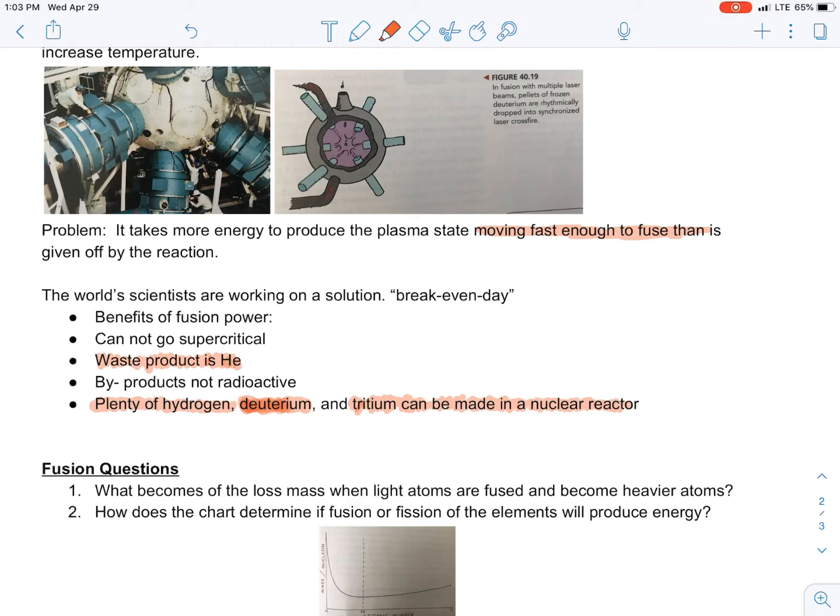And it would be unlimited energy, a fuel that is easy to get and plentiful, and there is no chance that a fusion reaction in this way would go supercritical and accidentally explode. When they do those fusion reactions for the hydrogen bombs, it explodes, but they're not trying to control it. They're putting that much energy in there and doing it all at one time. So it's not like it would be supercritical for that.